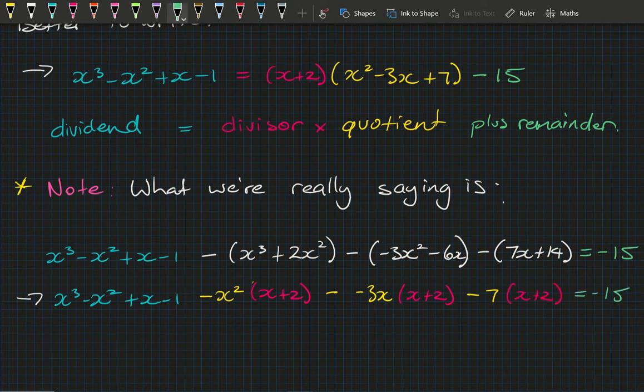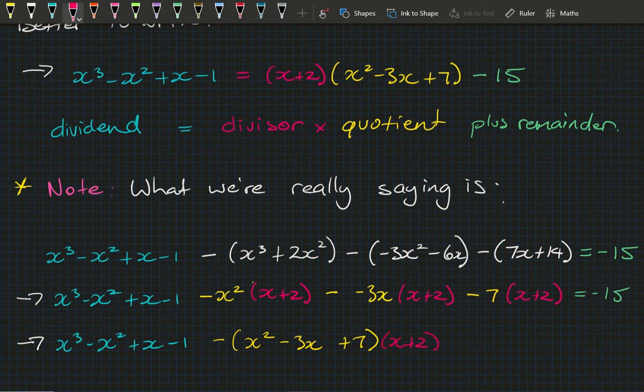So working backwards with the distribution law you used in the last lesson, you can see now all of these terms times x plus 2. So we've got a minus x squared and a minus 3x and a minus 7, so plus 7. And they were all multiplied by x plus 2. And that of course is still equal to minus 15.